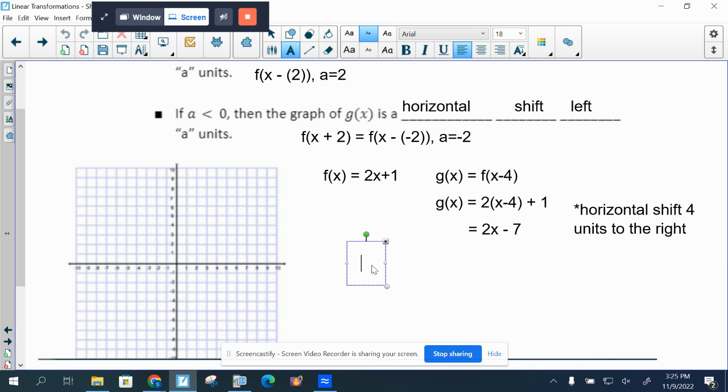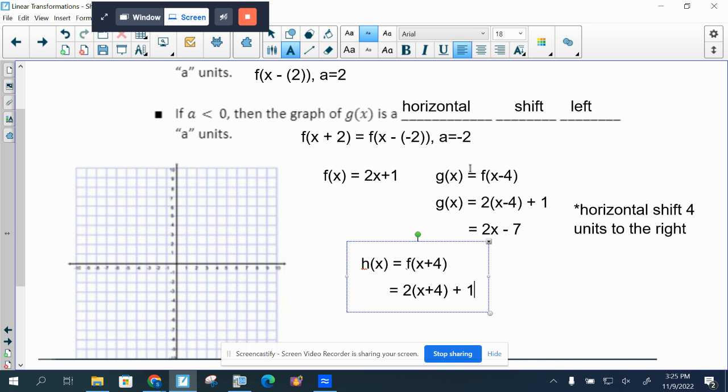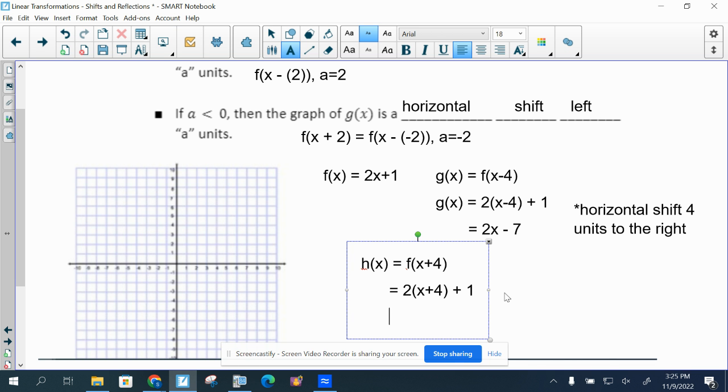And then let's see what happens if we have h of x equals f of x plus 4. So if I plug that in, it would be 2 times x plus 4 plus the 1. And I realized I accidentally picked 1 where up above it was 3. That's okay. So this would be 2x plus 8, and then plus 1, which would be 9.